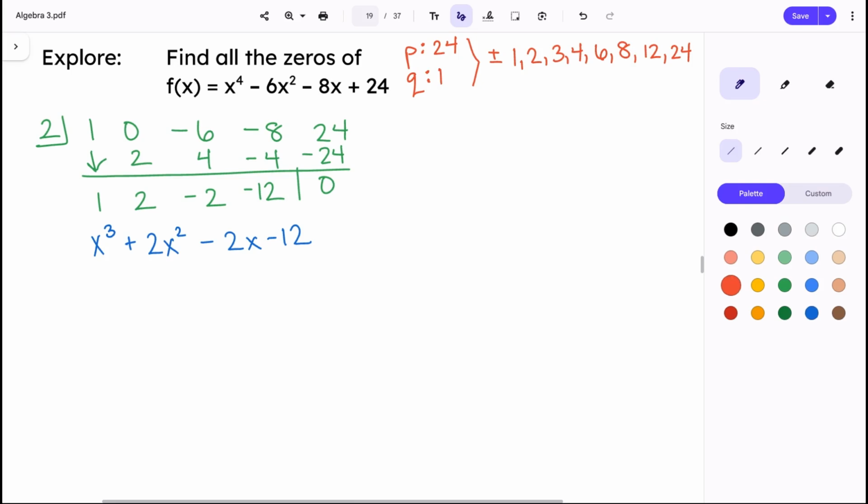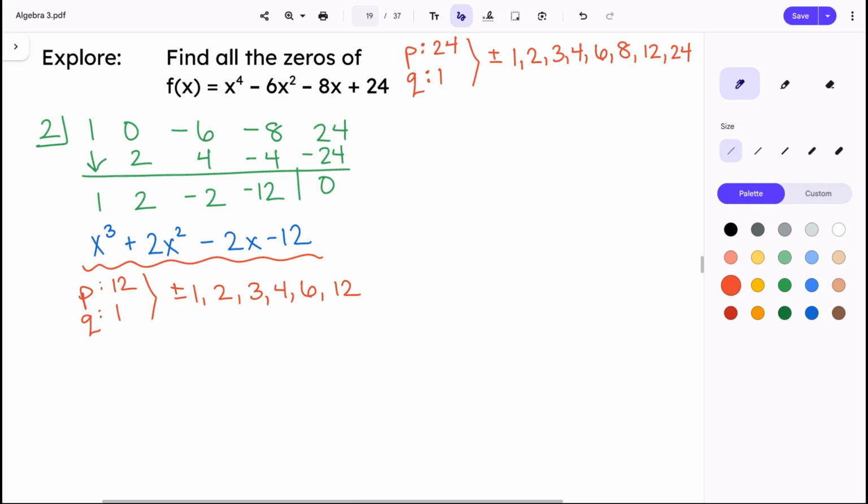What are my p's for this equation? 12, okay, and my q? 1. So just like up above, I'm just going to write out the list because they all would be divided by 1. This should be a smaller list, though. I'm hearing 1, 2, 3, 4, 6, and 12.